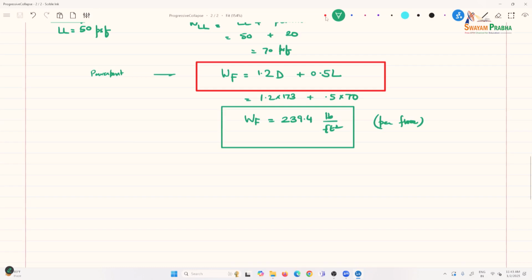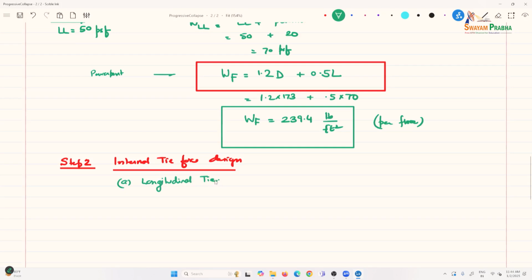Now, we will start the tie design. We start with our internal tie force. And two categories, longitudinal ties, again these are internal.